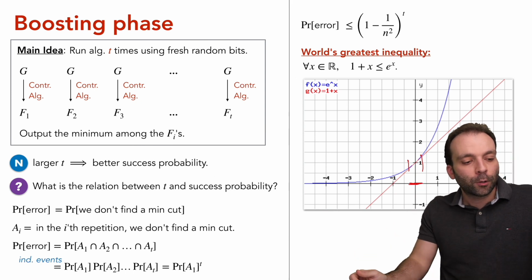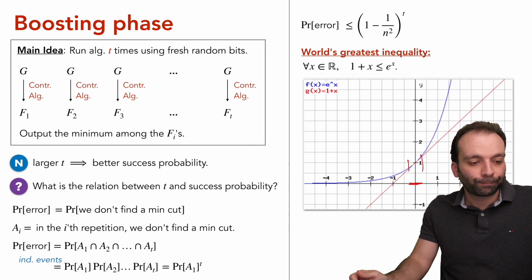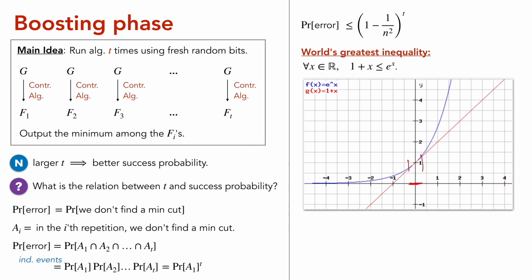Okay, so let's finish this off now. I'm going to set x to be minus 1 over n squared. With this x value, coming back to my probability expression, the probability of error is bounded above by 1 plus x to the power t, when x is minus 1 over n squared.